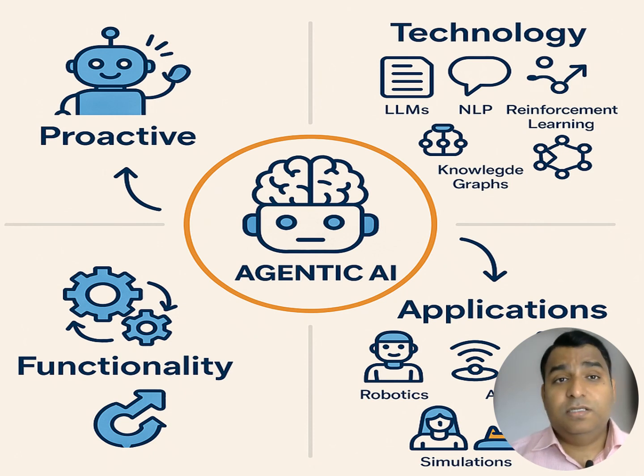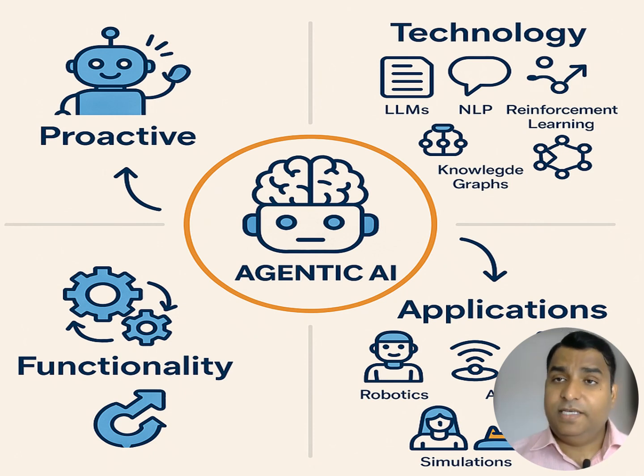These systems exhibit a degree of independence, adaptability, and goal-directed behavior that sets them apart from traditional and generative AI. Agentic AI combines several advanced technologies. Like we discussed, it includes the large language models, LLMs, for understanding and generating language.